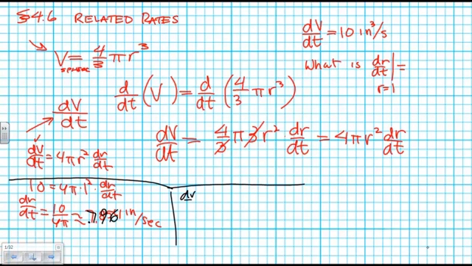I want to know what is dr/dt when r is 5. My balloon's bigger.